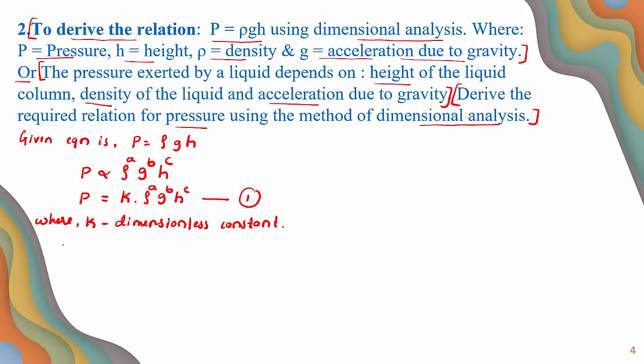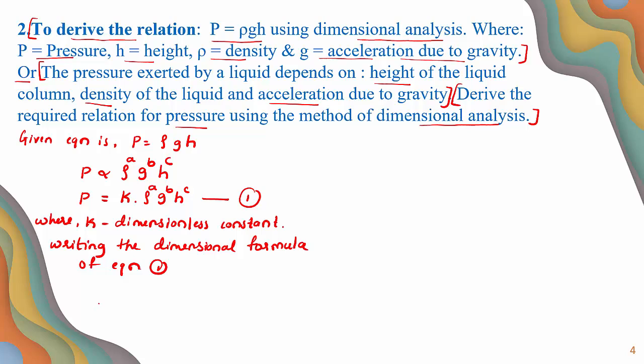Now, this is the first step. What is the second step? Writing the dimensional formula of equation 1. So now we have to write the dimensional formula. Pressure is force per unit area.